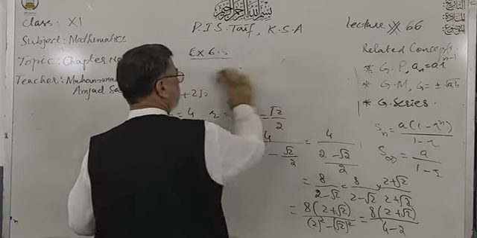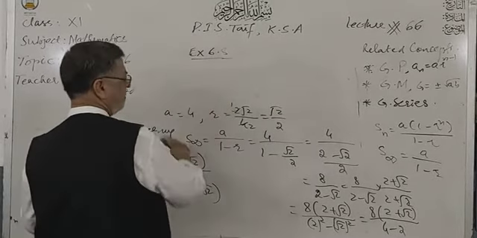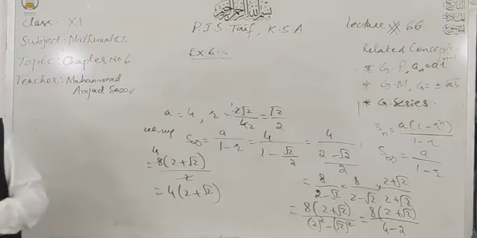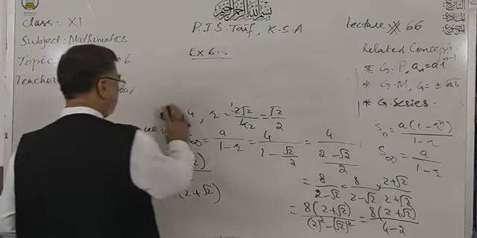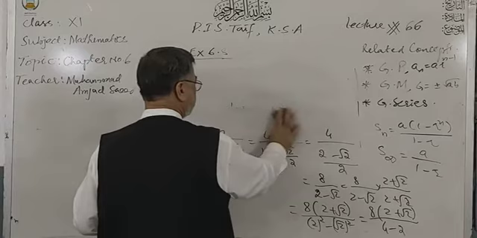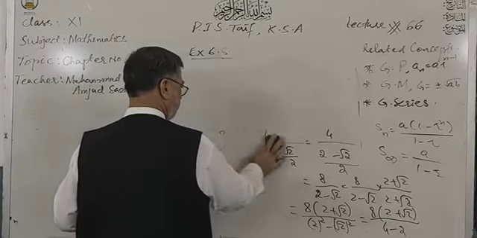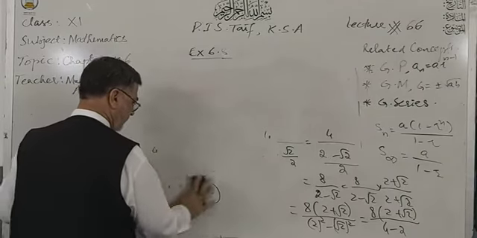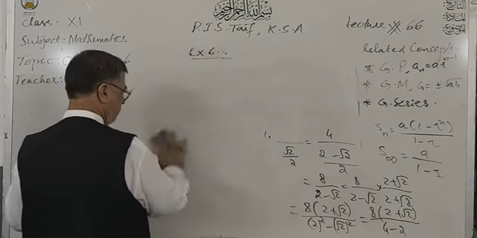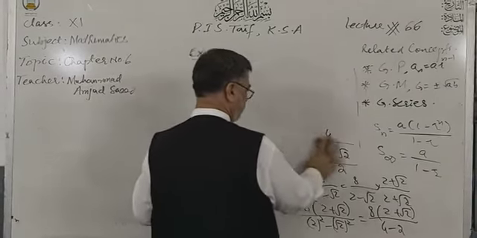After question number 5, we have question number 6. We have to find the vulgar fractions. These are recurring decimals and we have to find their answers in fractions.